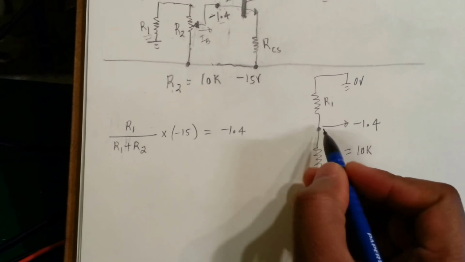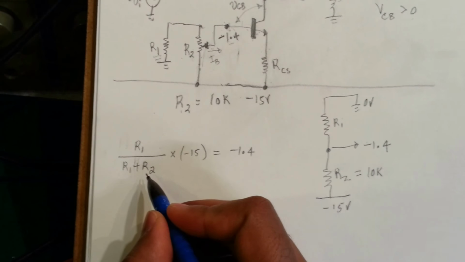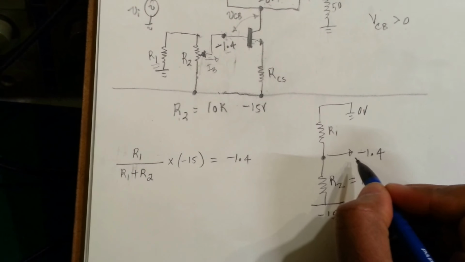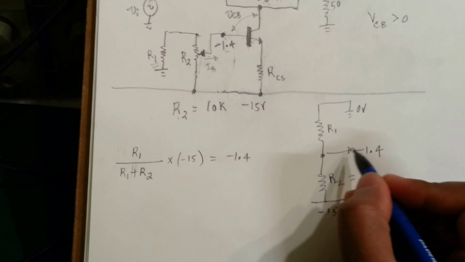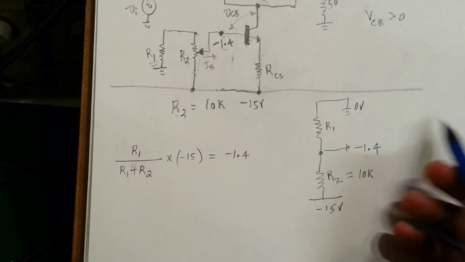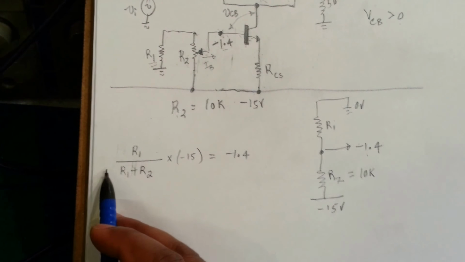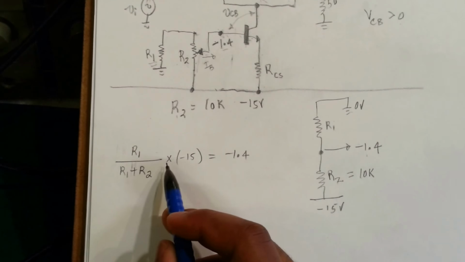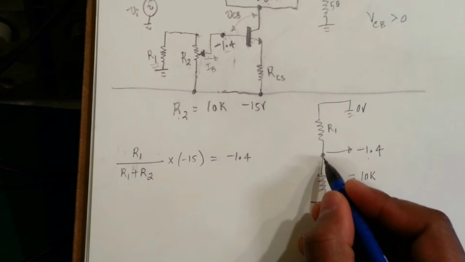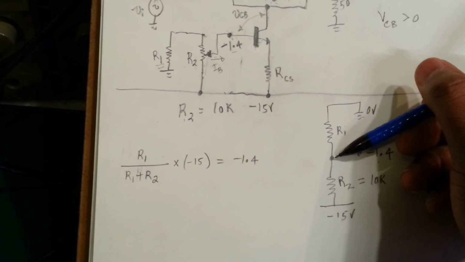Just to show you the process of how you can calculate this, for people who are not following along, I will do the actual math to derive this resistor based on these voltages and this resistor value. Since our ground is here, our voltage divider is R1 divided by R1 plus R2, multiplied by minus 15, equals minus 1.4, right?